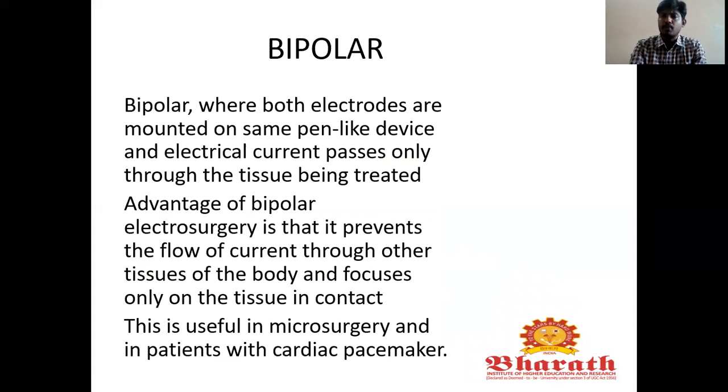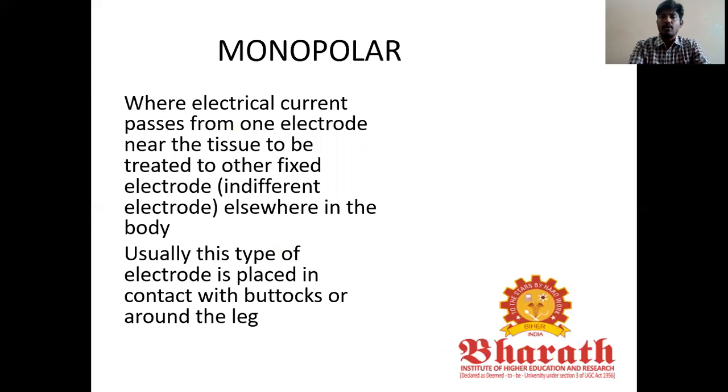Second, bipolar. What is the meaning of bipolar? Both electrodes are mounted on the same pen-like device, and the electric current passes only through the tissue being treated. In monopolar, what happened?